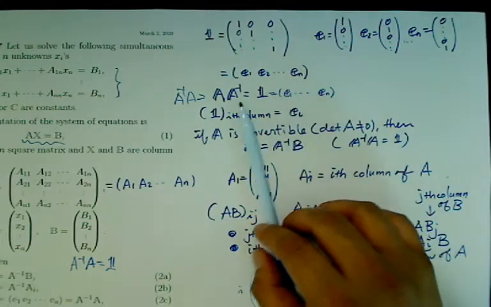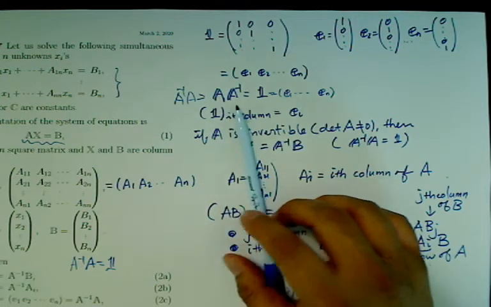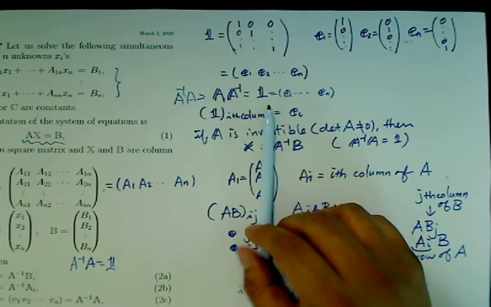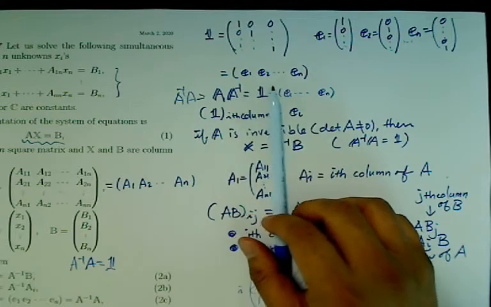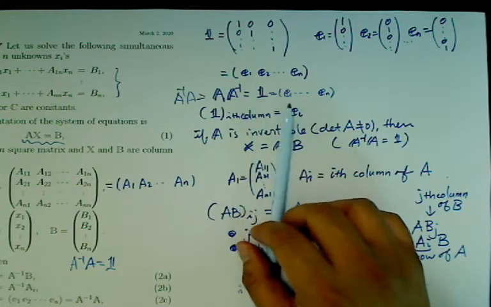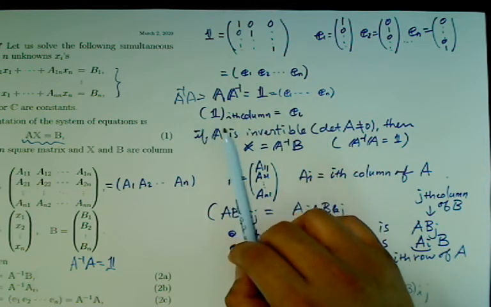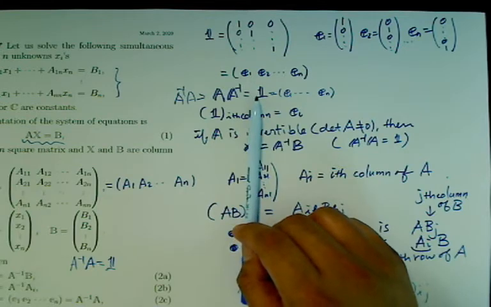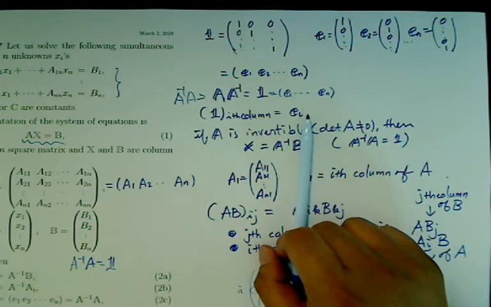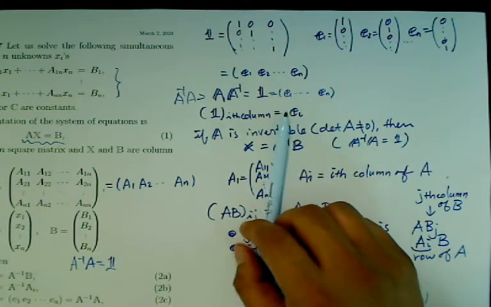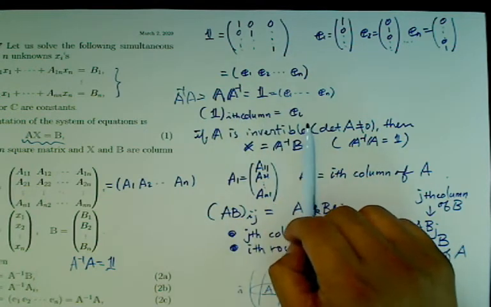We know that A times A inverse is the identity matrix, because the identity matrix can be expressed in terms of unit column vectors. We write in this way. Again, the ith column of the unit matrix is the unit column vector Ei. Again, the ith column of A times A inverse will be Ei.